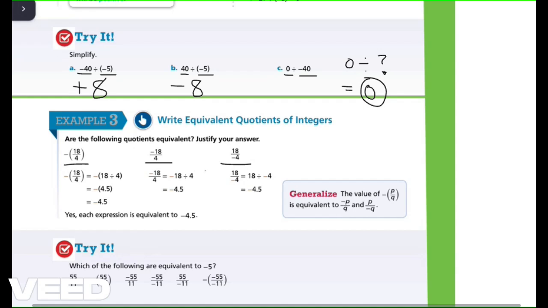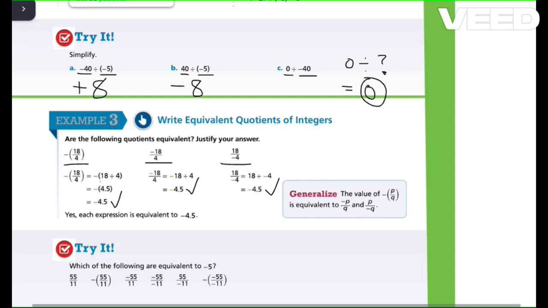So whether the negative is in the denominator, in the numerator, or applied outside of the fraction itself, we will get the same answer for all three: negative 4.5, negative 4.5, and negative 4.5. It goes into a little further detail. Remember, parentheses in math means do what's inside first.